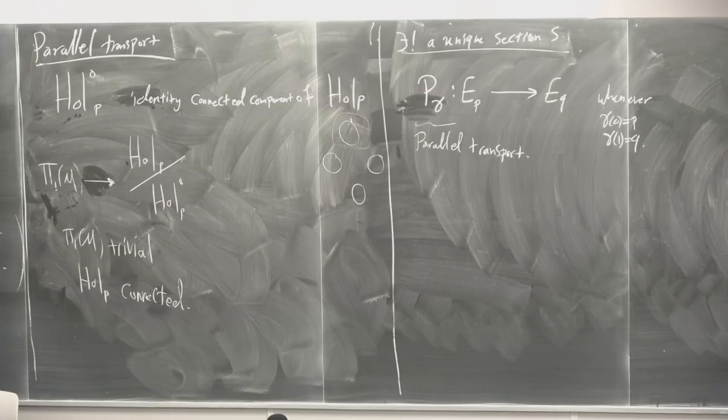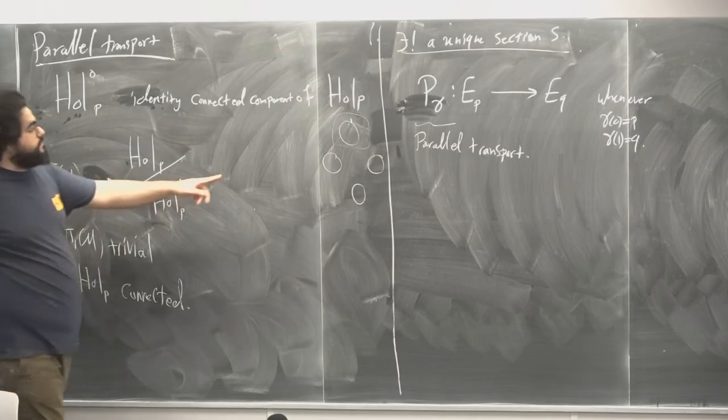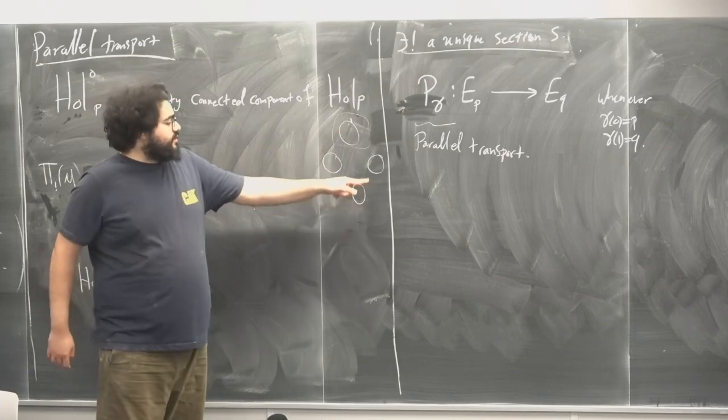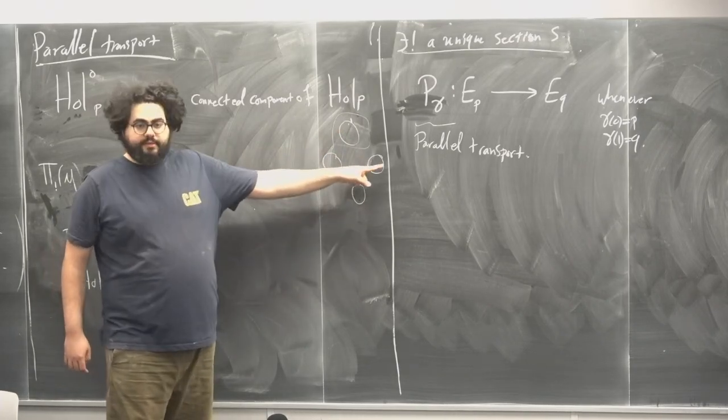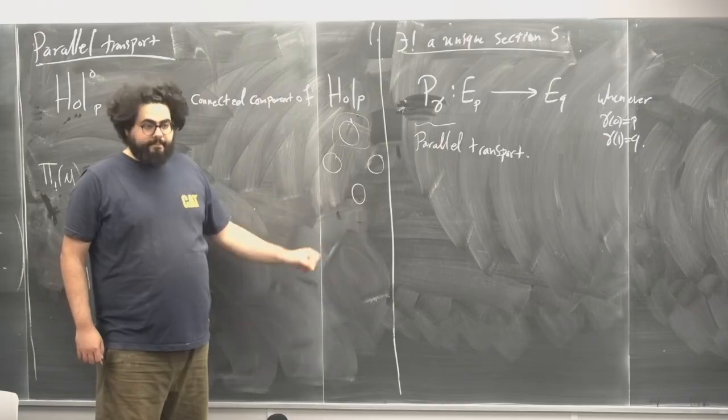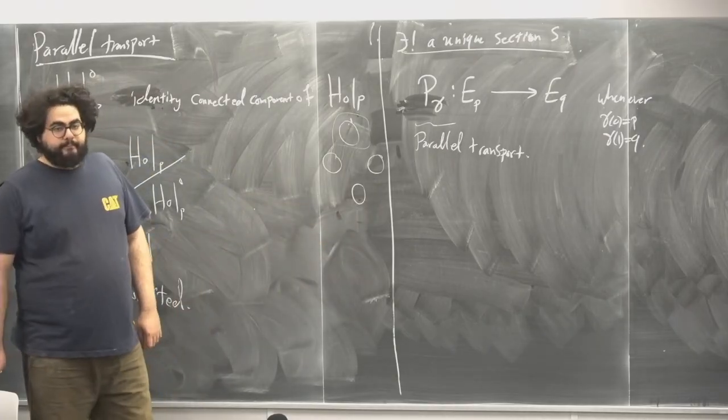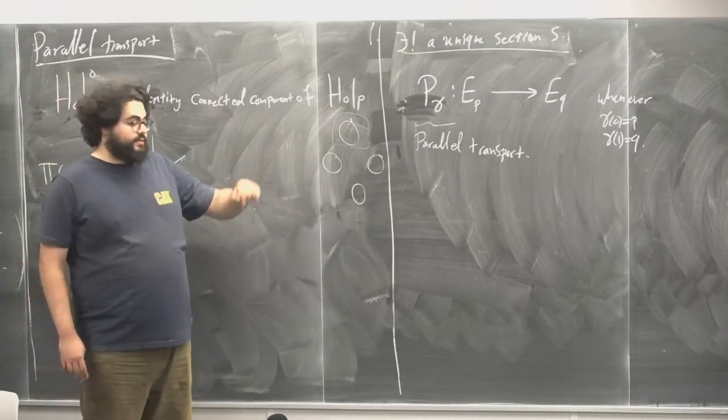So for Hol P0, you take the identity in one of those components, is it direct summed with the identity of the other ones, or is it just one because the identity is unique? The identity has to be in one of the connected components of Hol P, right? Okay, and because the identity is unique, there's only one. There's only one, yeah, because the identity is unique. Okay.